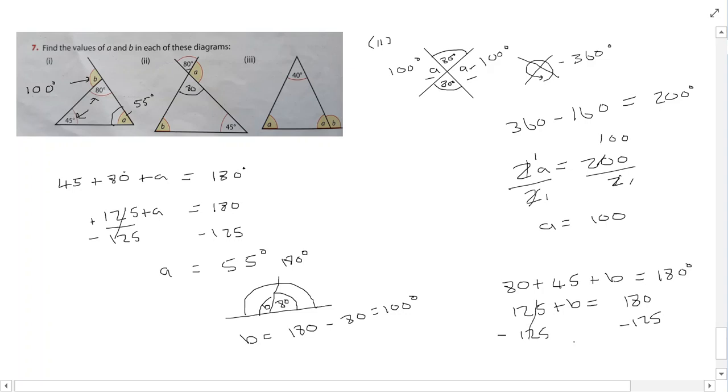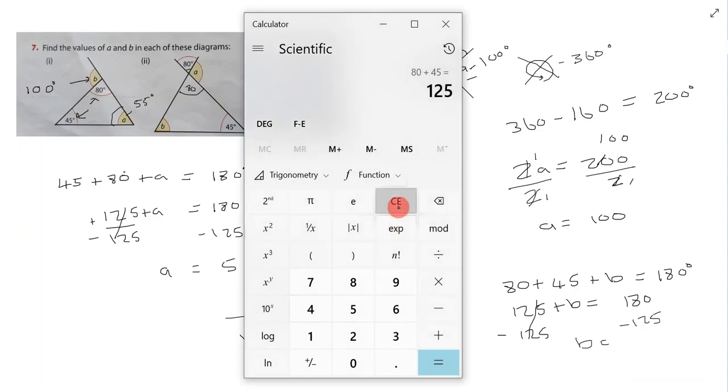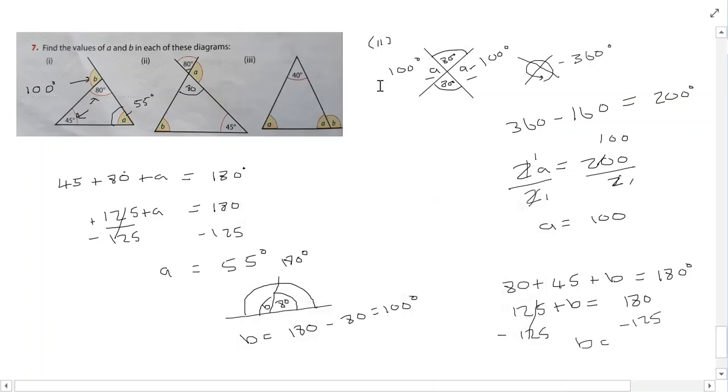And then the angle B is going to be equal to 180 minus 125, which is equal to 55. So B is going to be equal to 55 degrees. That's your answer to B.